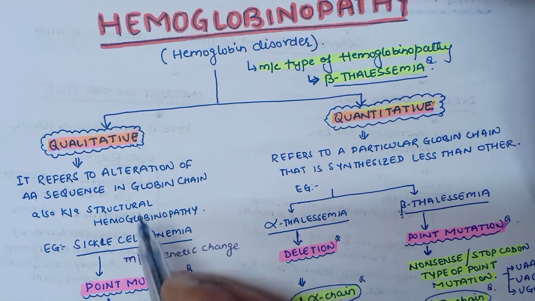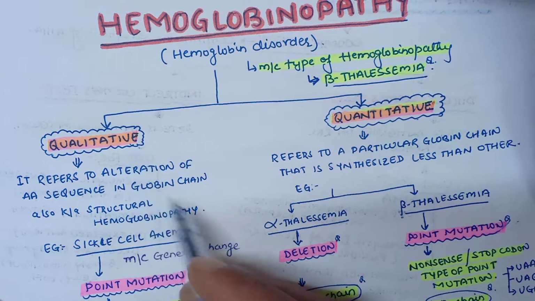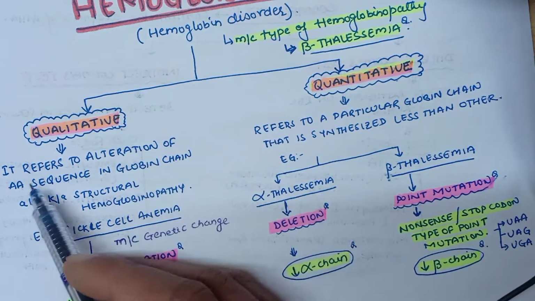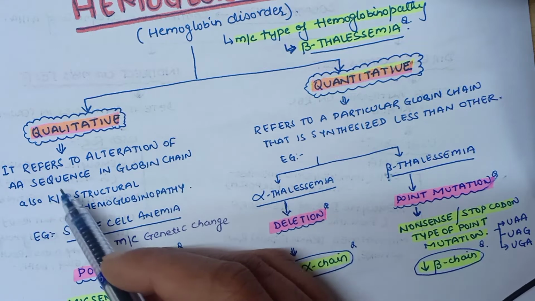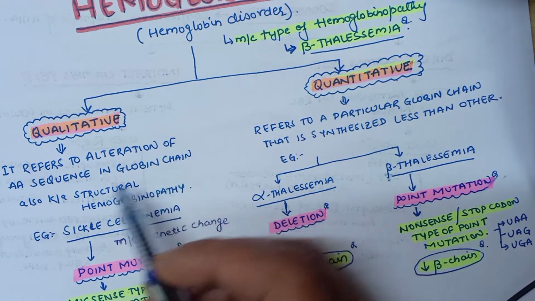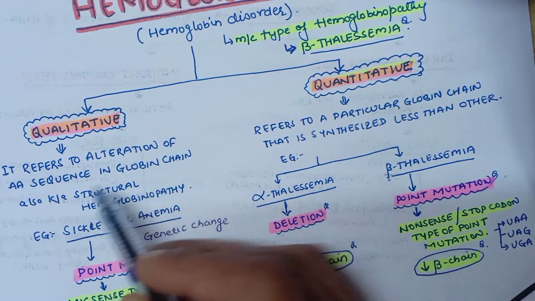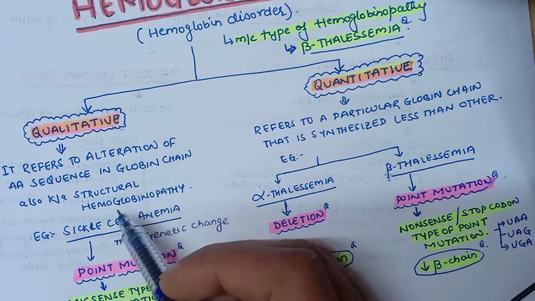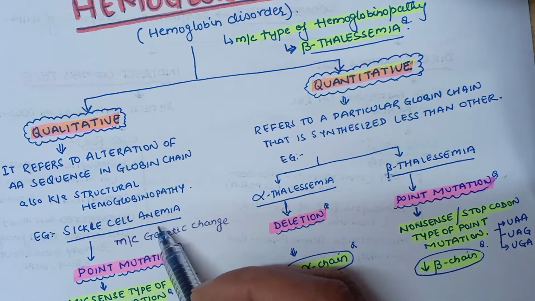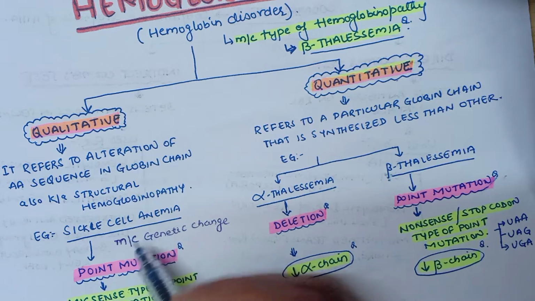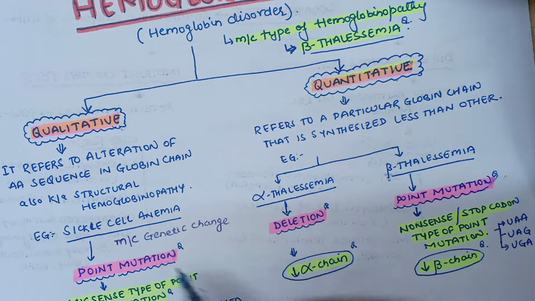So talking about qualitative hemoglobinopathy, it refers to alteration of amino acid sequence in globin chain, which is also known as structural hemoglobinopathy. This is seen in sickle cell anemia. In sickle cell anemia, the most common genetic change is point mutation. So what kind of point mutation?